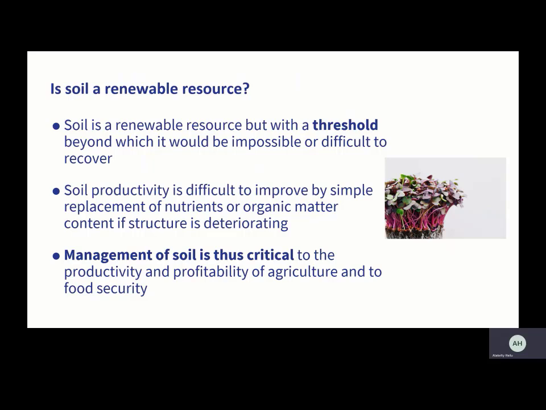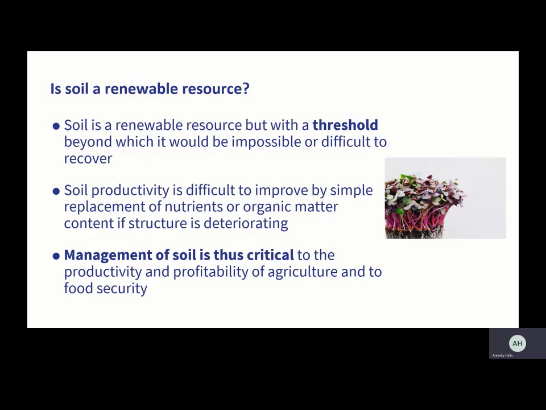But technically speaking, soil is a renewable resource because it can recover, but it cannot recover if its structure is damaged so much that it's not going to come back to the same state, because even if you put in effort, the effort is not going to be productive. So for example, if the land is already degraded, the structure is destroyed, it's falling apart, and then you put in fertilizer or whatever, or you try to establish vegetation, either that takes huge amount of effort or it doesn't work.